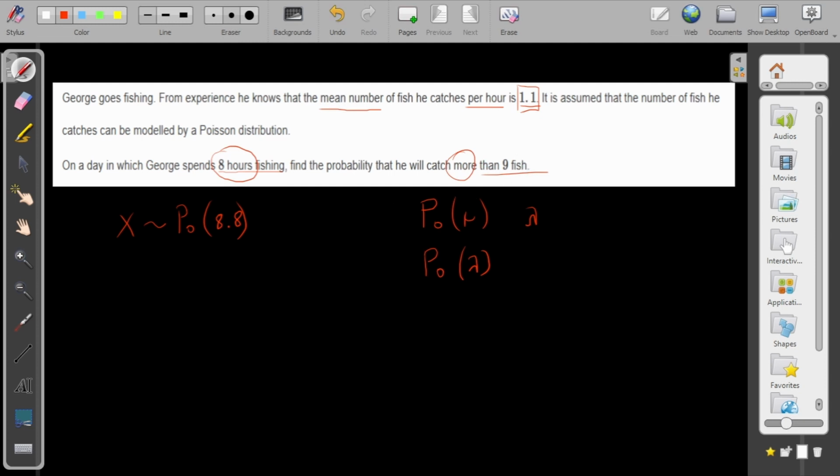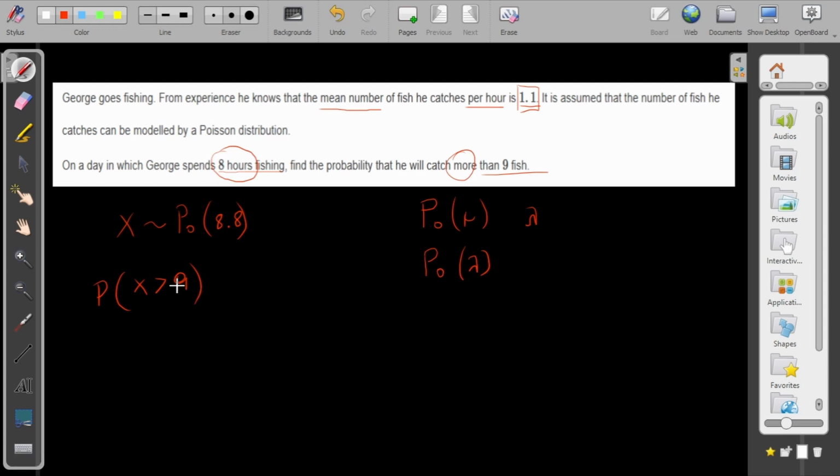Now I will calculate the probability that he will catch more than 9 fish. If I write that as a probability, obviously I want the probability of x being more than 9. Now the problem is my calculator. Some calculators can calculate that immediately, but the TI-84 cannot.